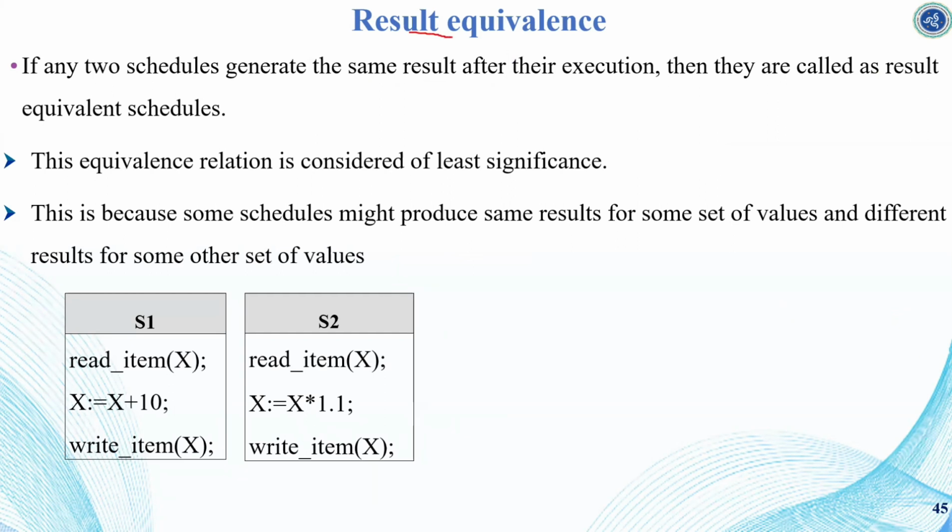Here two schedules are given, S1 and S2. If after executing all the operations in S1 and S2 they produce the same result, then we can say it is a result equivalent schedule.